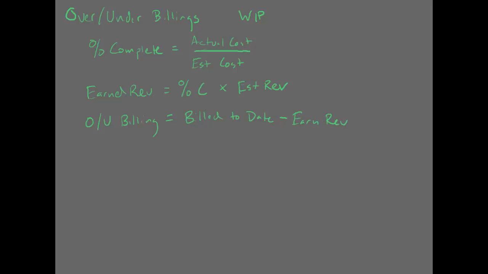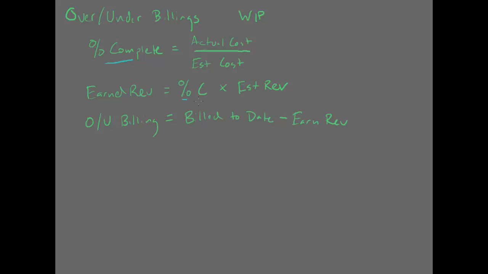So let's go into these in a little bit more detail here. Again, I said that over-under billings is a method to use your cost to calculate your actual revenue rather than using what you've billed. Here you can see that my actual cost divided by my estimated cost is going to drive my percent complete.